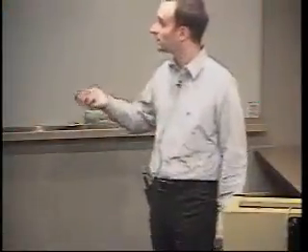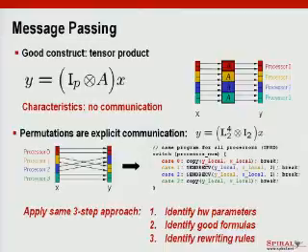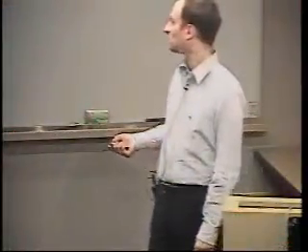So we know again some constructs, and what we need to do is we follow the same three-step approach as before. We identify the hardware parameters, in that case p-way parallelism. We identify the good formulas like that, and communication. And we identify rewriting rules that break down formulas into only good ones.